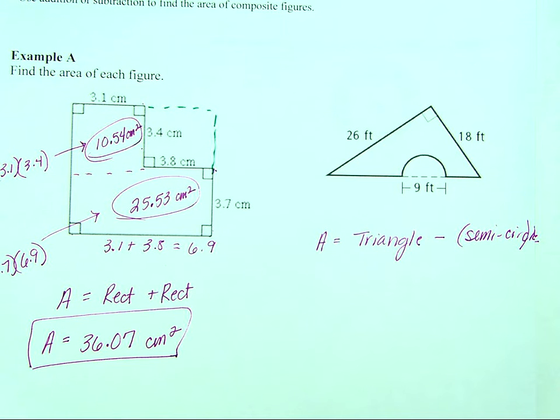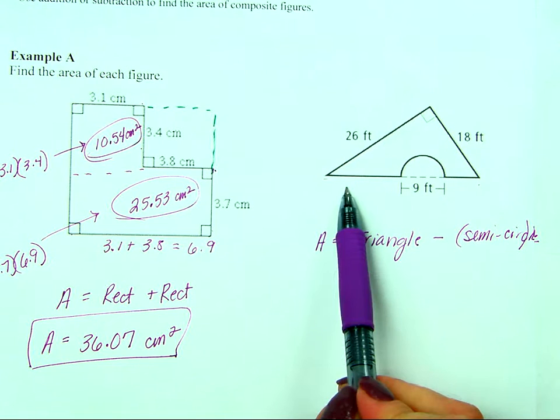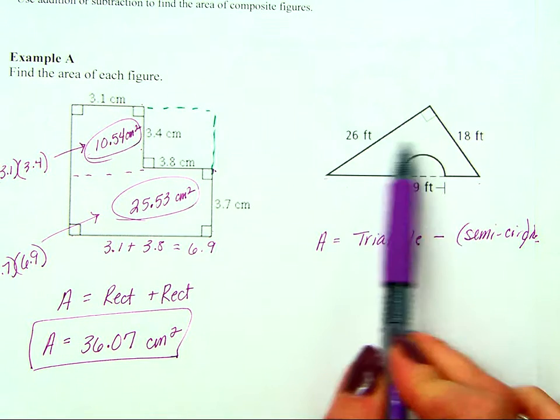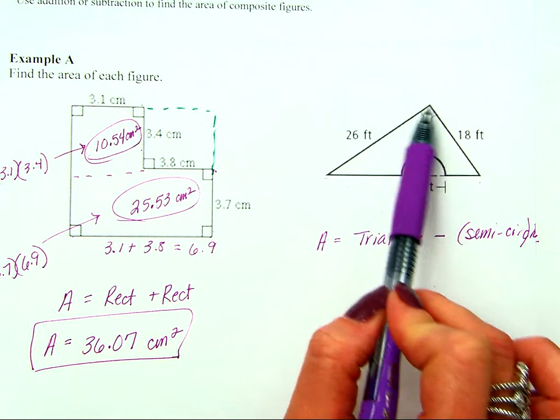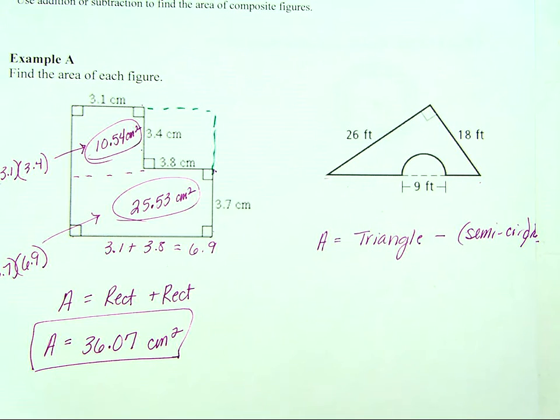Now, are we going to use base and height? I do not have the full length of the hypotenuse. It's a right triangle, so I could definitely calculate it. But actually, my triangle base and height meet at the 90 degrees, so I'm going to use my 18 and 26, right?